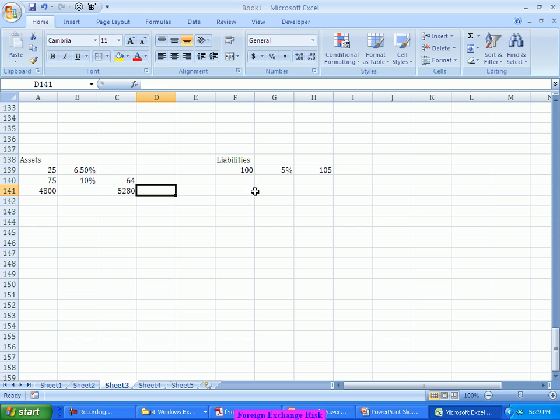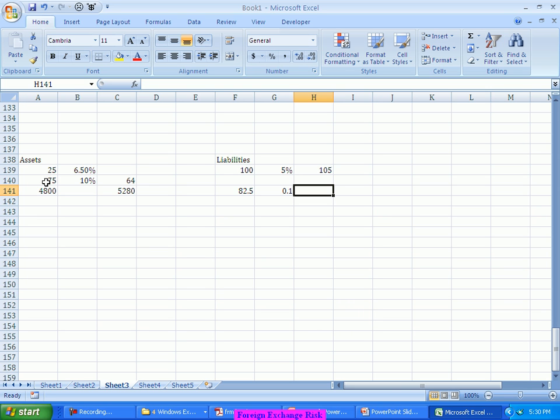So assuming the exchange rate is still 64 even after 1 year, what is happening? If I convert it back into US dollars, I'm going to get 82.5. So the return in this case is how much? 82.5 minus 75, because I invested 75 and got 82.5, divided by 75, which gives me a 10% return.